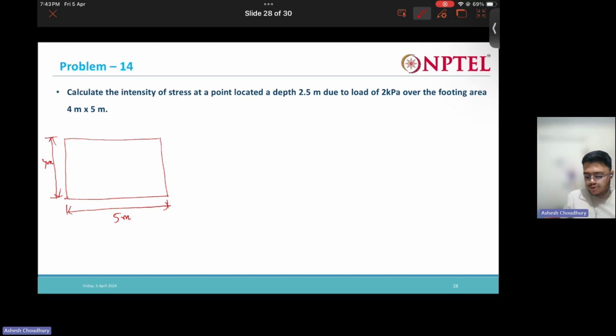Now we need to calculate the intensity at the point located 2.5 meter below. So depth is 2.5 meter.